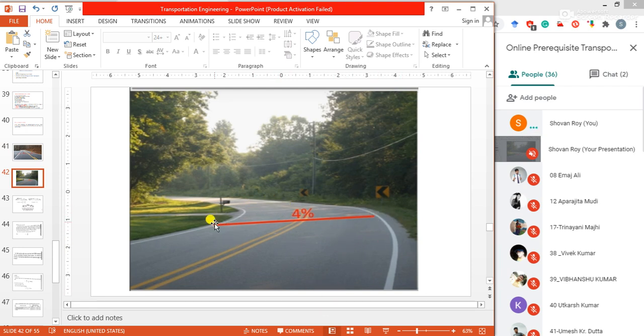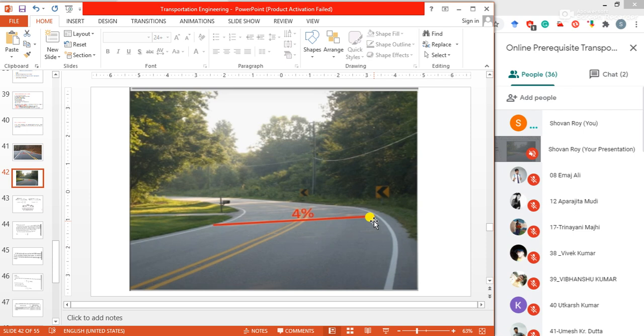In this case, this is the outer edge and this is the inner edge. So by raising this outer edge, we can maintain this cross slope or camber, providing the desired super elevation.